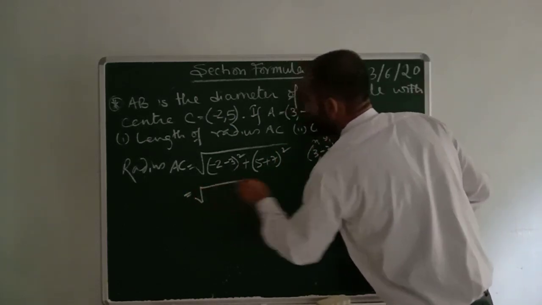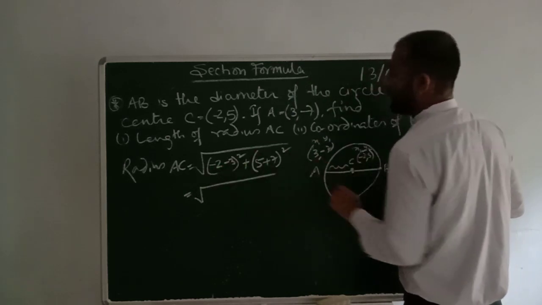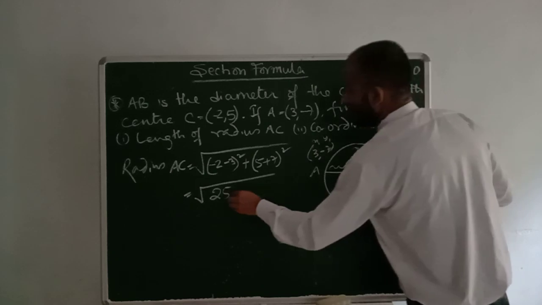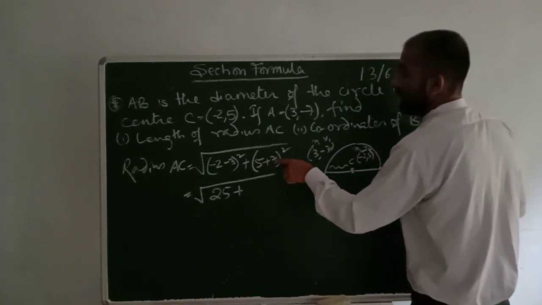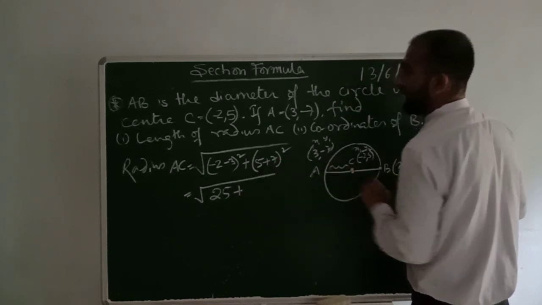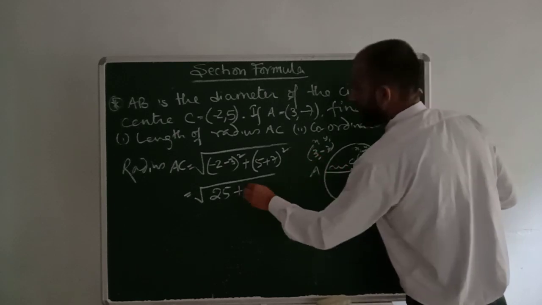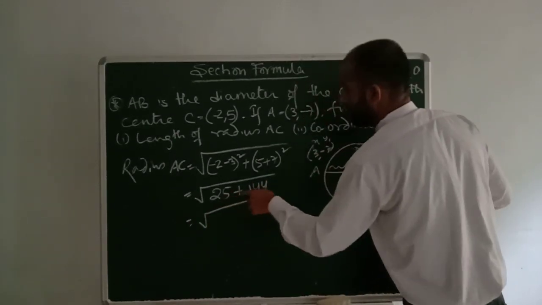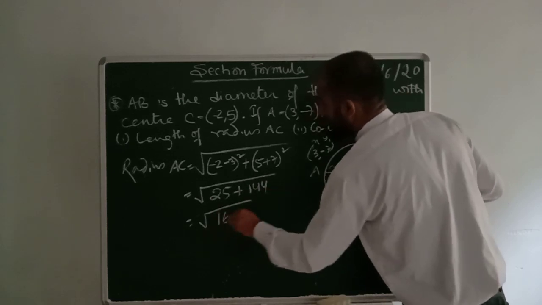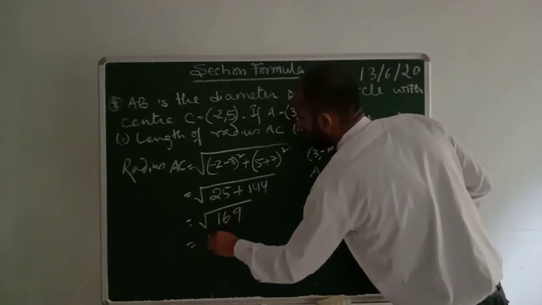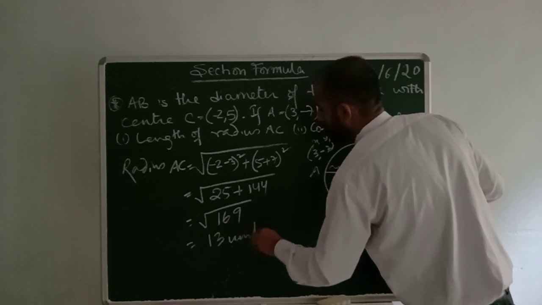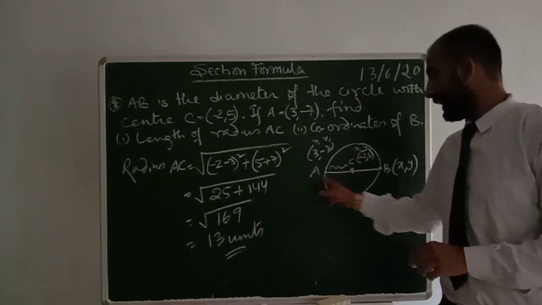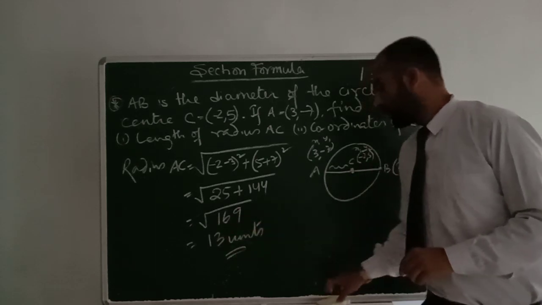So (-2 - 3) is -5, whole square means 25, plus 7 plus 5 is 12, whole square means 144. So 144 plus 25 is 169. Square root of 169 means 13 units. That means the radius of the circle, that is AC, is 13 units.